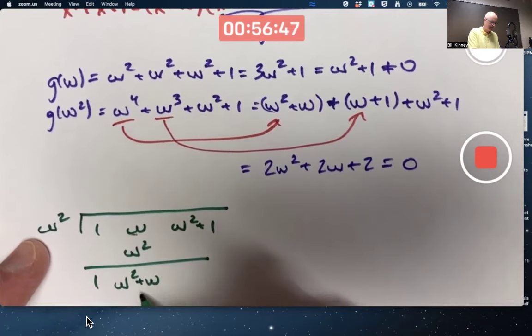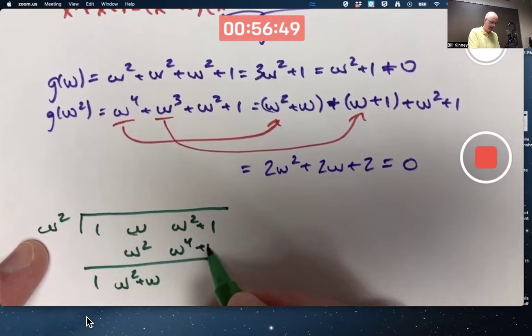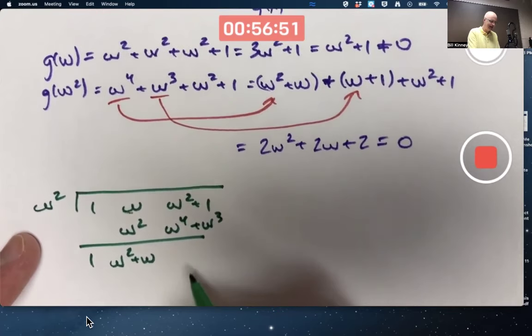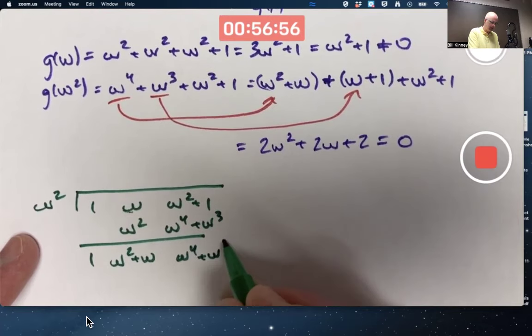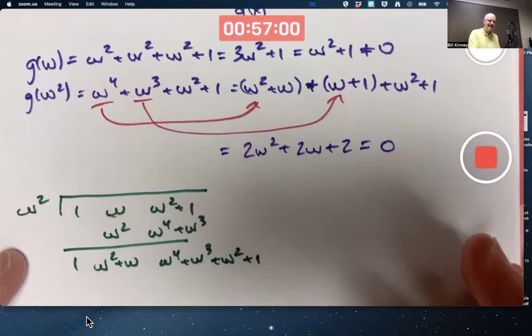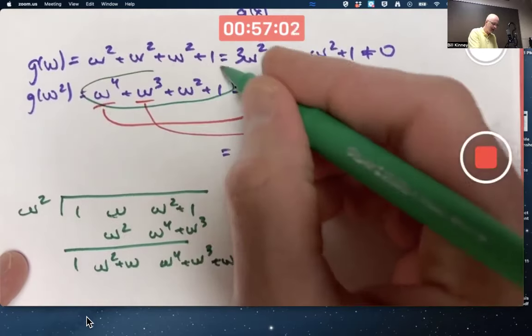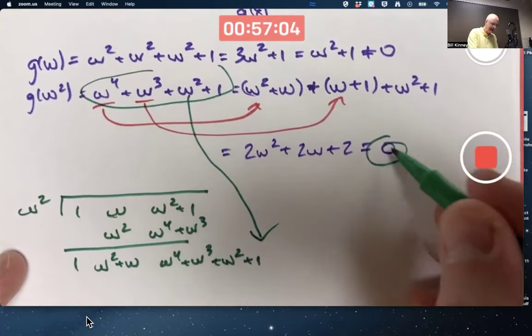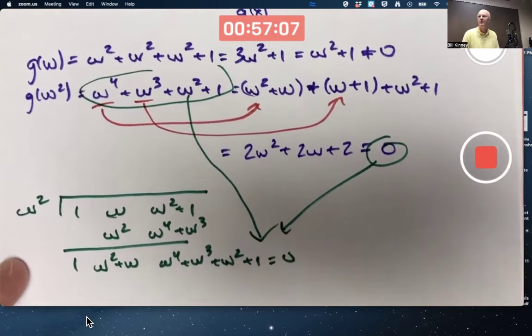Multiply. Omega squared times this is omega to the 4th plus omega cubed. Add. Get omega to the 4th plus omega cubed plus omega squared plus 1. Hey, that's the exact same thing we simplified to being 0 above, but I won't redo the calculation.